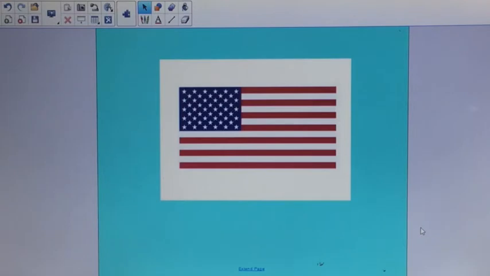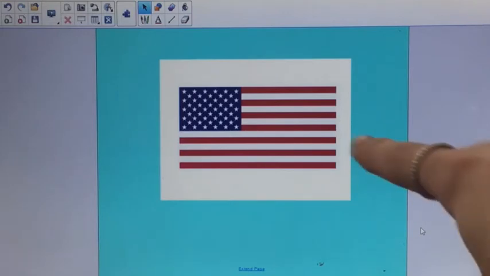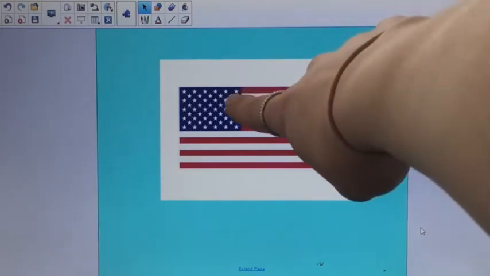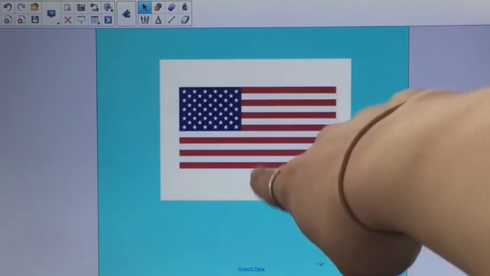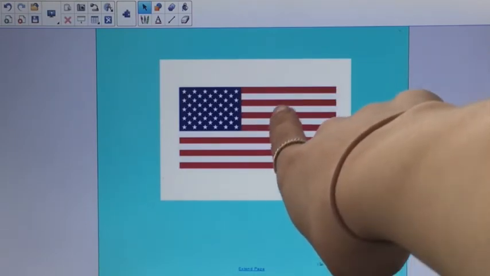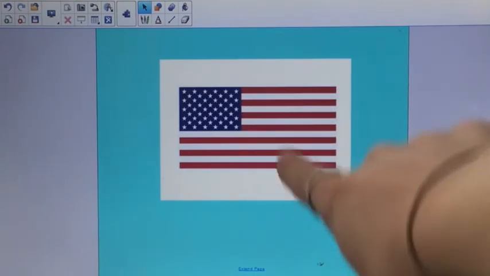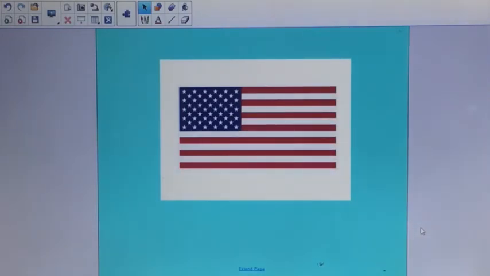Okay, so well done if you identified that it was the flag of America, and it's also not a symmetrical flag. Okay, because we've got the pictures of the stars over in this corner, and we've only got that once on that flag. Okay, it's not mirrored on the other side, and it's not mirrored on the bottom, so it can't be symmetrical.